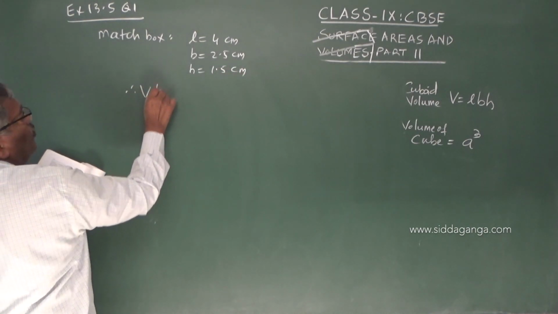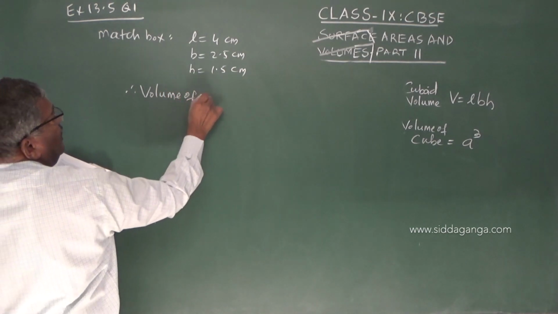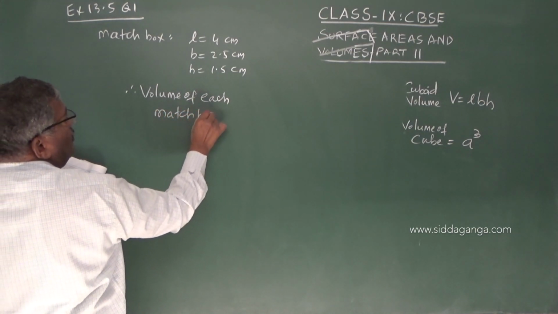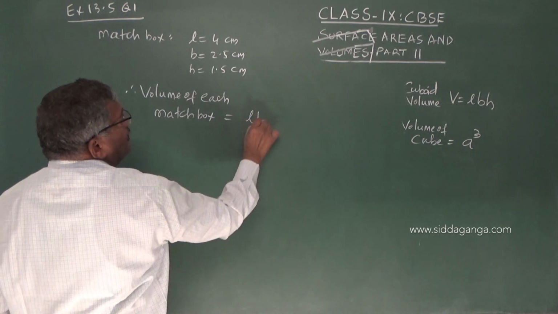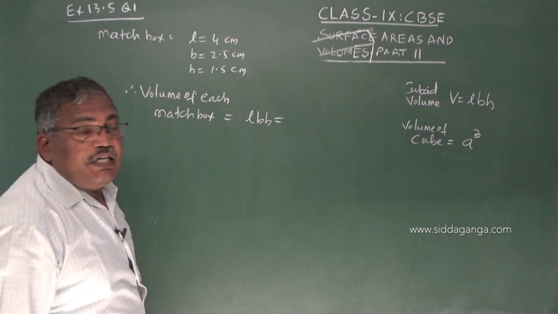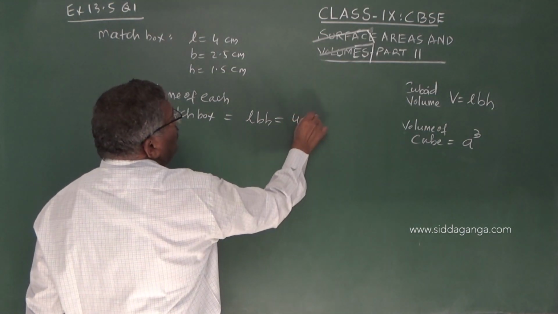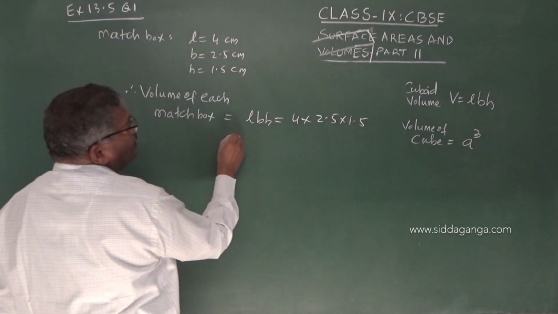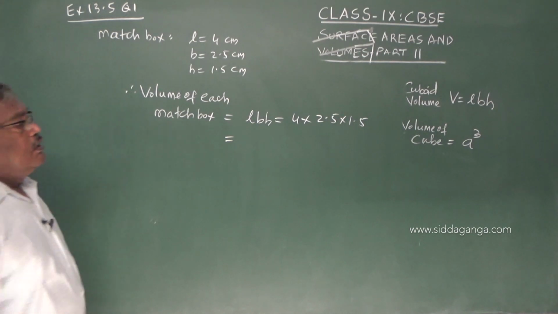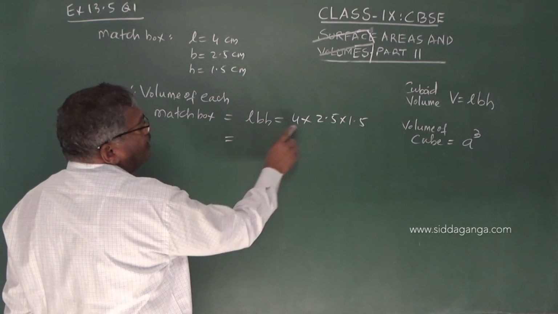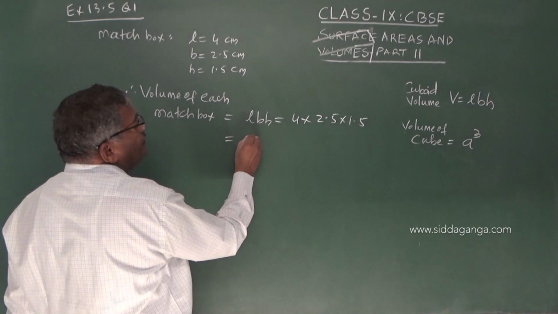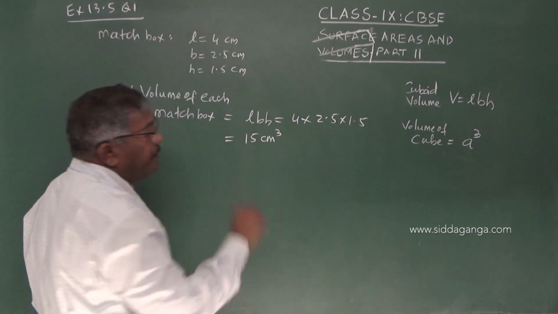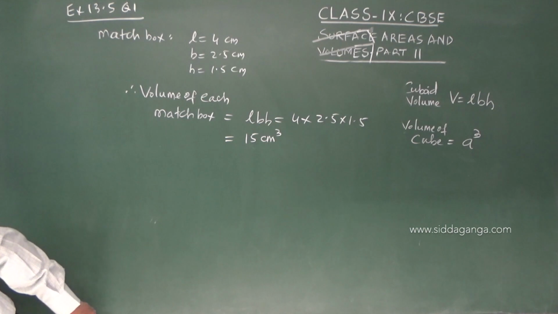Therefore, volume of each matchbox equals LBH, that means L into B into H. So 4 into 2.5 into 1.5. So 2.5 into 4 is 10, 10 into 1.5 is 15. So this is 15 centimeter cube.